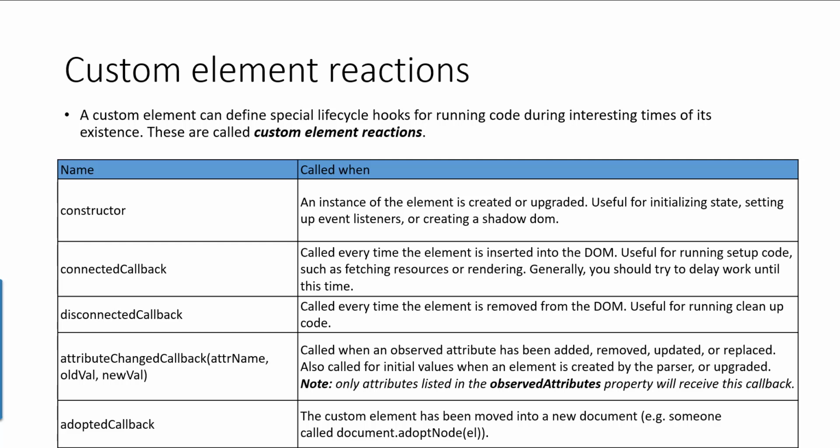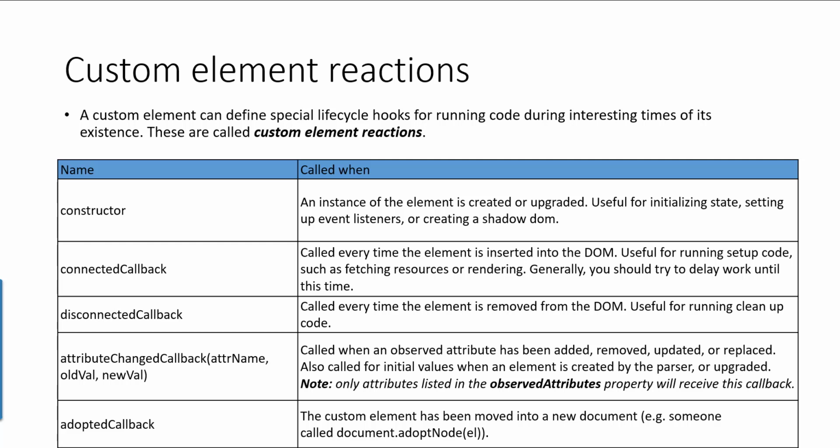But this is going to execute only for those attributes which are listed under the observedAttributes property. So observedAttributes, you can define it as a static property that is going to list the names of the properties that you want to observe.